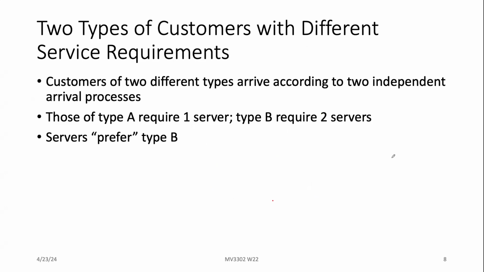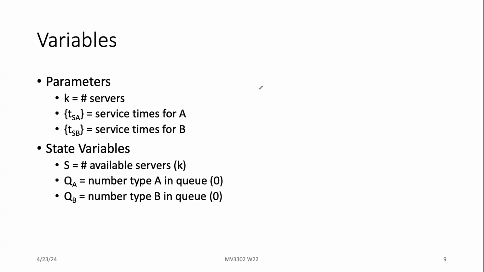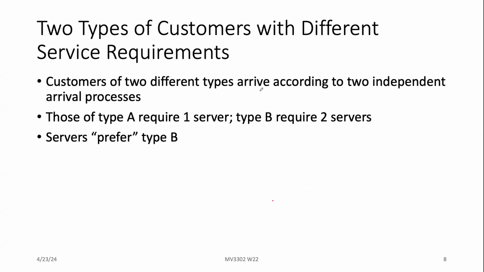I don't know how much time I'm going to have for implementation, but okay. So now here's a tweak on this, where in addition to having different service times, I have our low priority items.